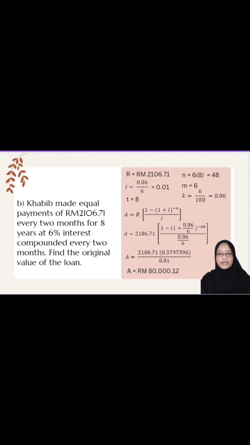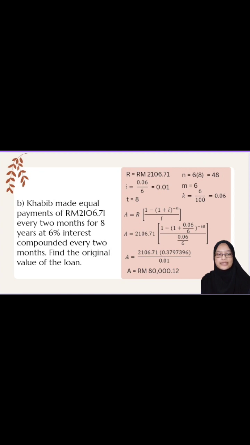Next, I will explain question 1b. Khabib made equal payments of RM2106.71 every 2 months. So we know that R is RM2106.71 for 8 years, so T is 8, at 6% interest.